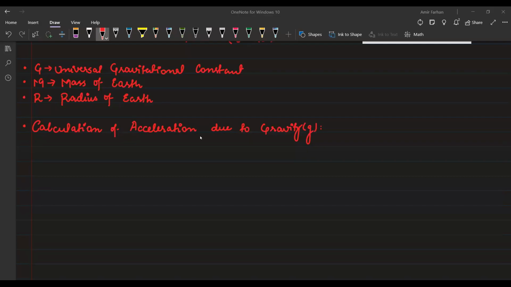Suppose we have dropped a body of small mass m.